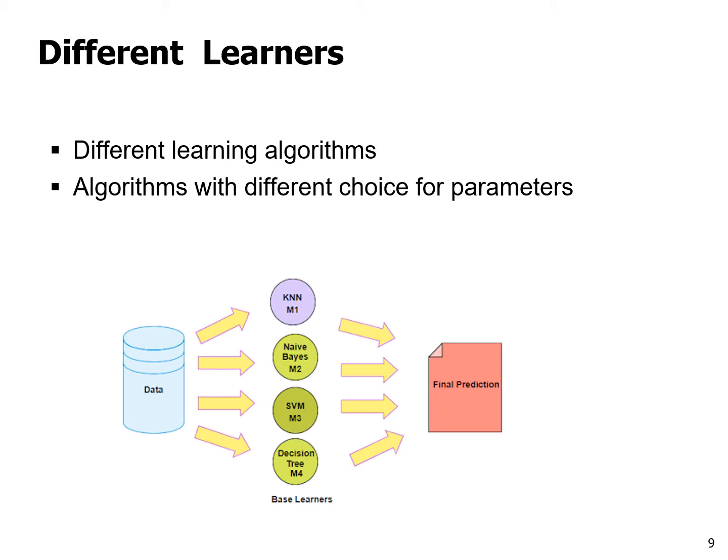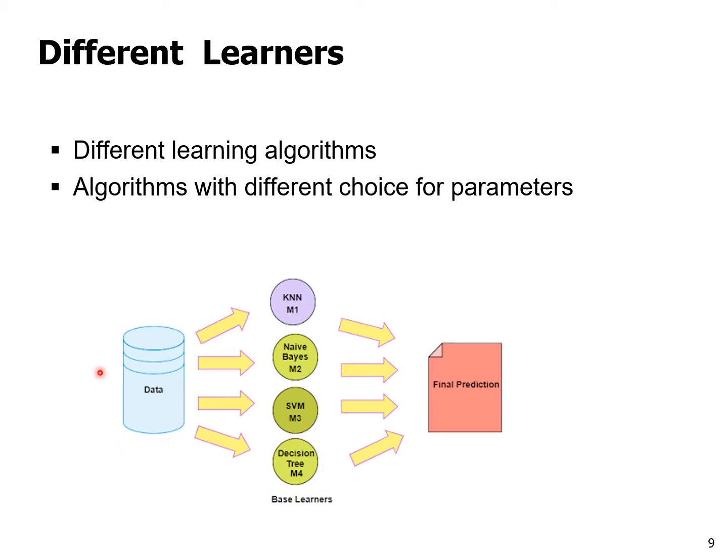This slide shows the second approach in the previous slide, which is using different learning algorithms. So given data, we collect multiple different learning algorithms. For example, KNN, naive Bayes, SVM, or decision tree, right?